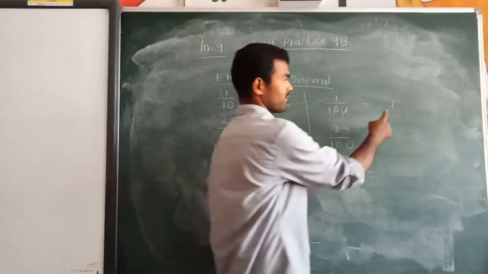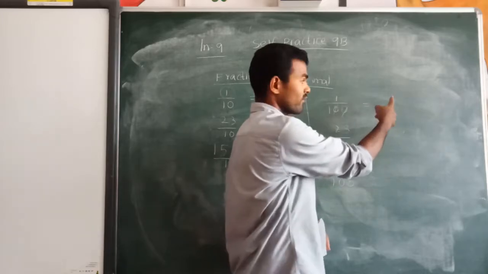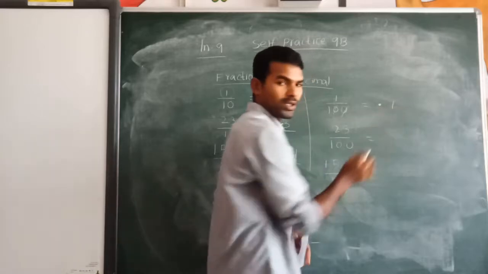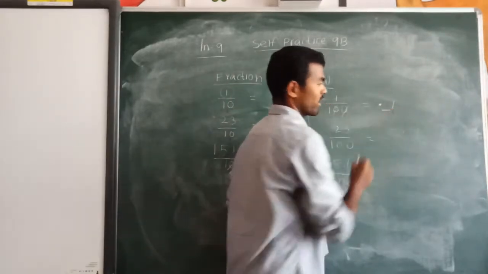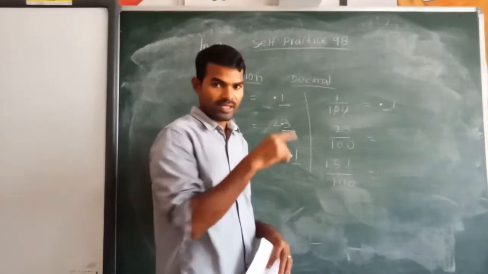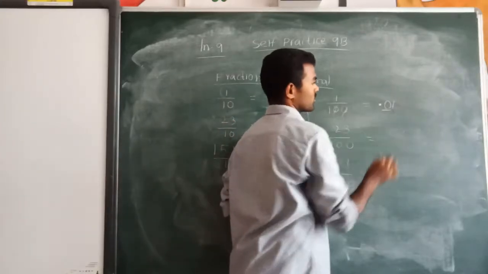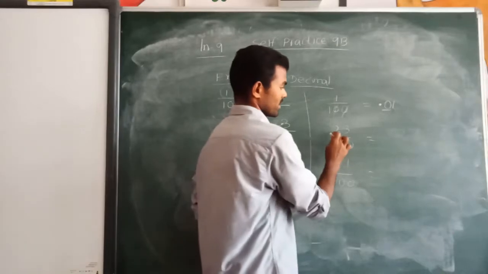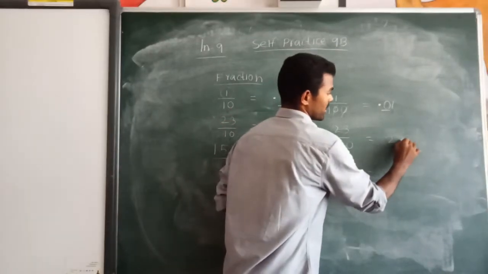First we have only one digit. We don't have one more digit, so we have to write 0. That means point 0 1. See this 23 now. Write the 23.